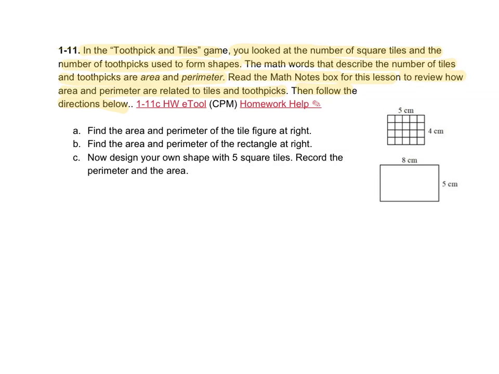So go ahead and pause the video so that you can go in your notes, in your textbook, and read the math notes. Also, I recorded a video called 1-11 math notes, so you could actually read it with me with the video. So right now we are reviewing the game, and it's really about the area and the perimeter.